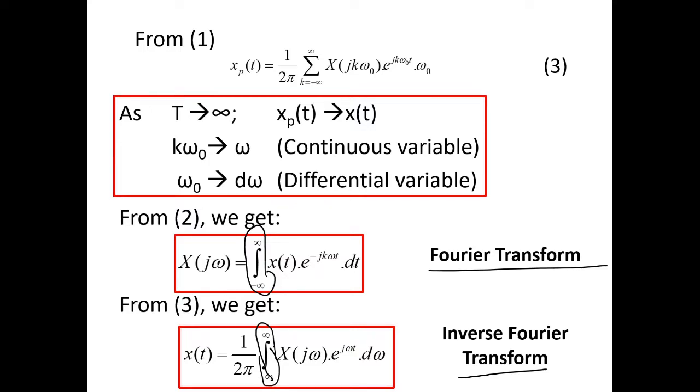Again, to get to the frequency domain characteristics, we need x(t) multiplied by a complex exponential signal, and also in the inverse Fourier transform, we multiply the frequency domain signal with a complex exponential signal.